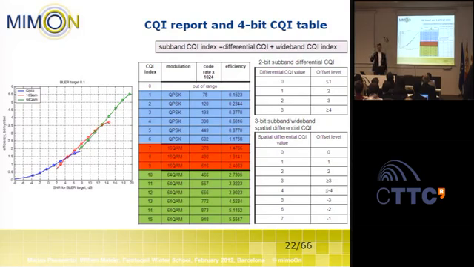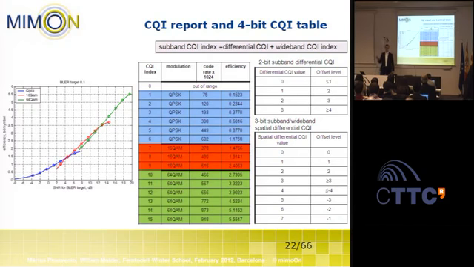So the signal conditions are measured, and then depending on these SINR measurements, the user equipment selects the code rate and the modulation scheme here on the left side. The code rate and the modulation scheme are selected for each measured SNR value, such that a bit error rate of 10% is achieved.